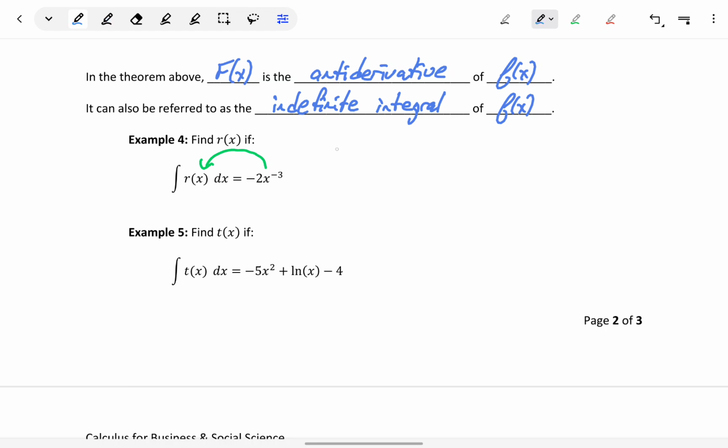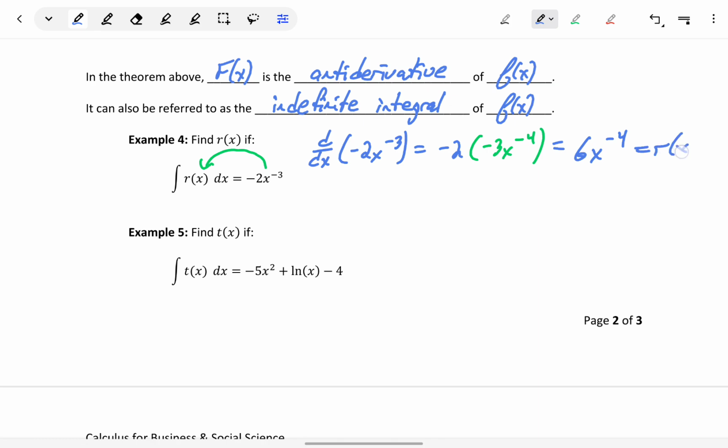In order to do that, we take the expression on the right-hand side of this equation and we take its derivative, meaning we'll get negative 2 times negative 3x to the negative 4th, or 6x to the negative 4th.